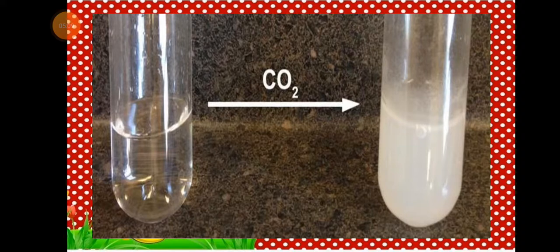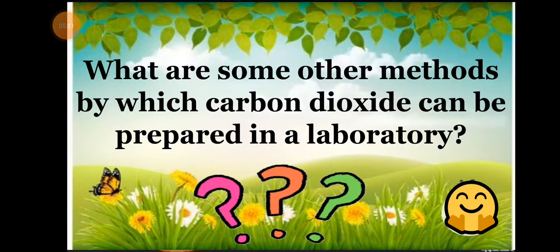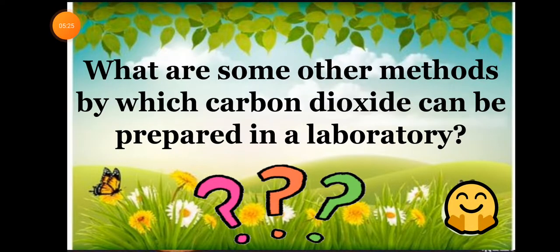What are some other methods by which carbon dioxide can be prepared in the laboratory? Apart from the method we discussed, carbon dioxide can also be produced by heating metal bicarbonates, for example, sodium bicarbonate. When we heat sodium bicarbonate, it releases carbon dioxide and forms sodium carbonate along with water.